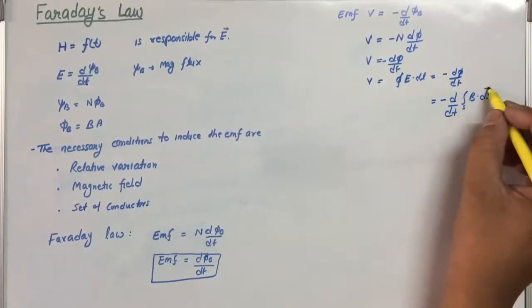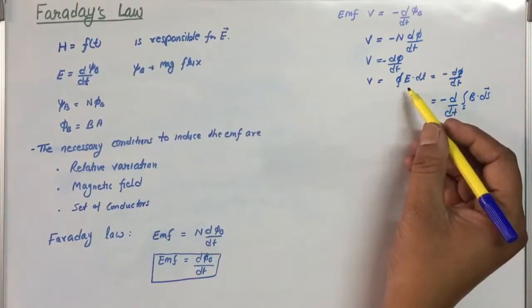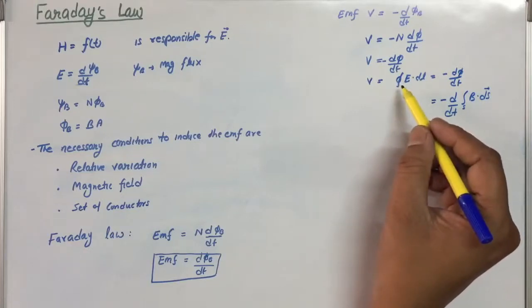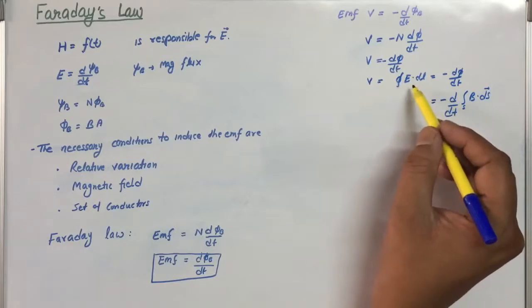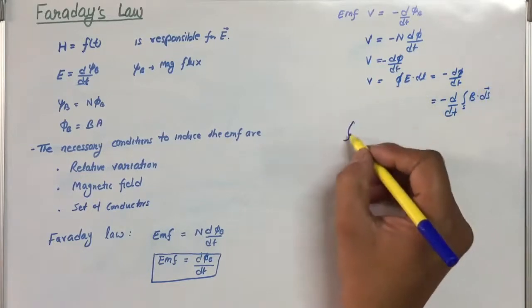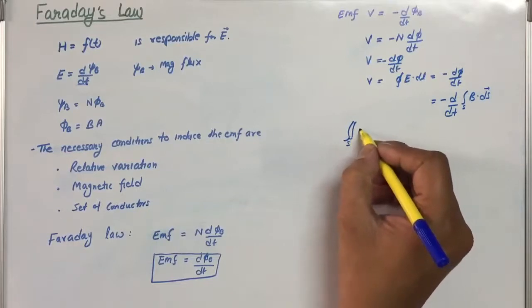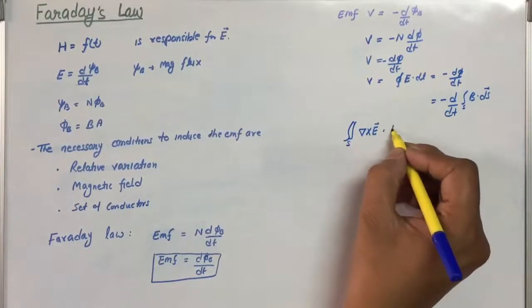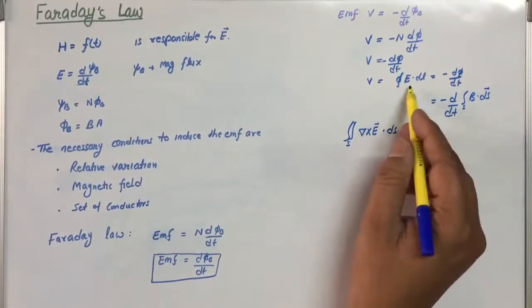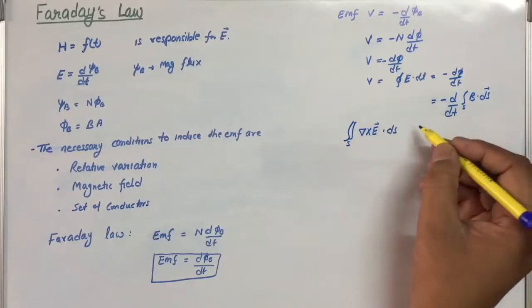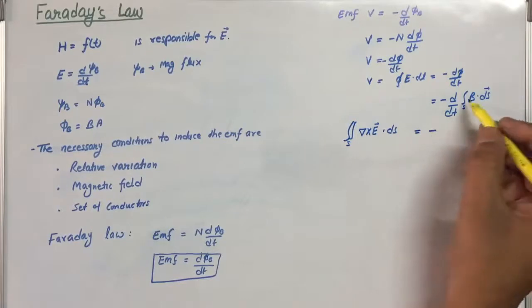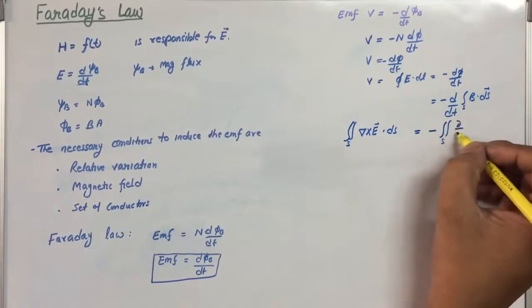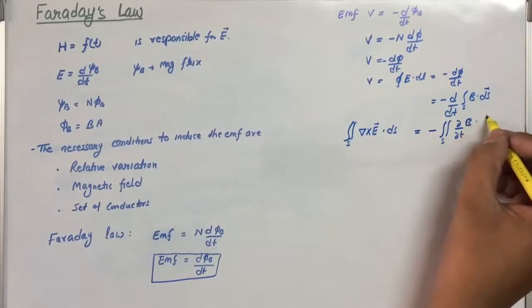And if we convert the line integral to a surface integral, applying the Stokes theorem, then we can write the surface integral of the curl, del cross E dot dS. It can be written as minus, taking the derivative inside, the surface integral of dB over dt dot dS.